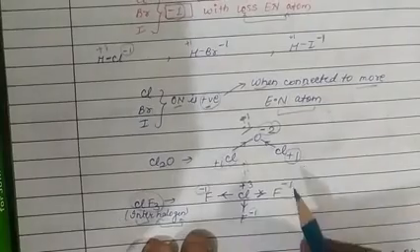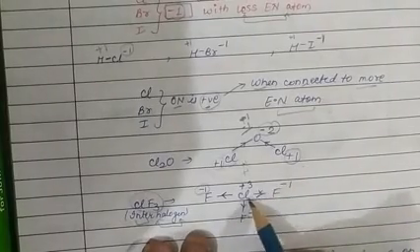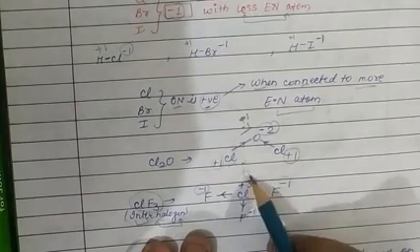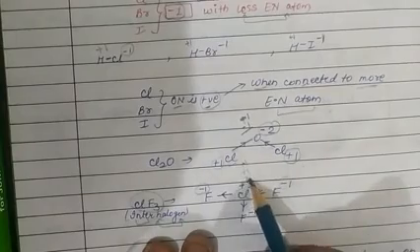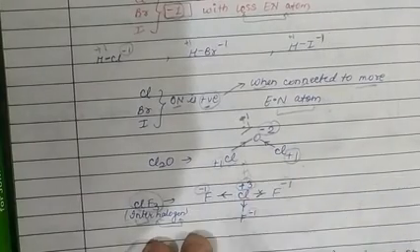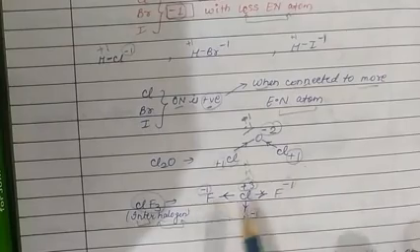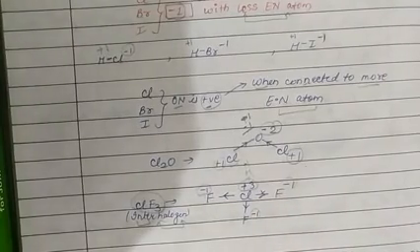Again for the next Cl and F, fluorine gets -1, chlorine gets +1. So the oxidation number of chlorine in this case is +3. So halogens can also show positive oxidation state when connected to a more electronegative element.